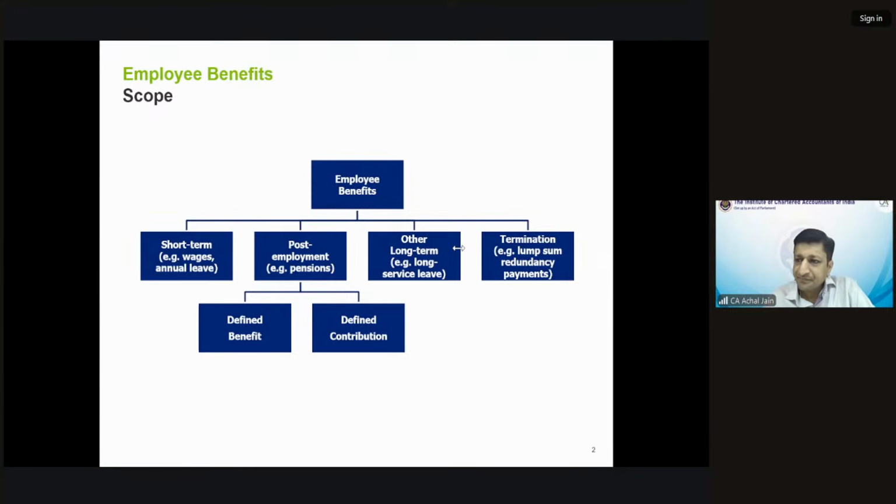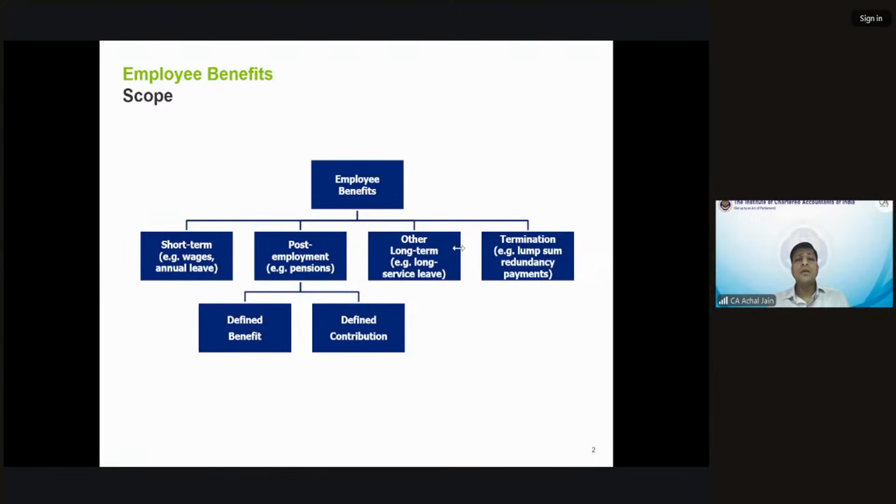Good. Now, as around these short-term employee benefits, there is again a segregation which can be created. And what is that? Accumulating and non-accumulating. Now, how is that relevant?